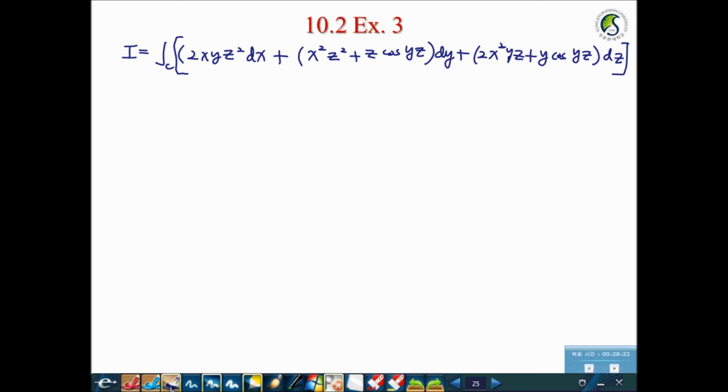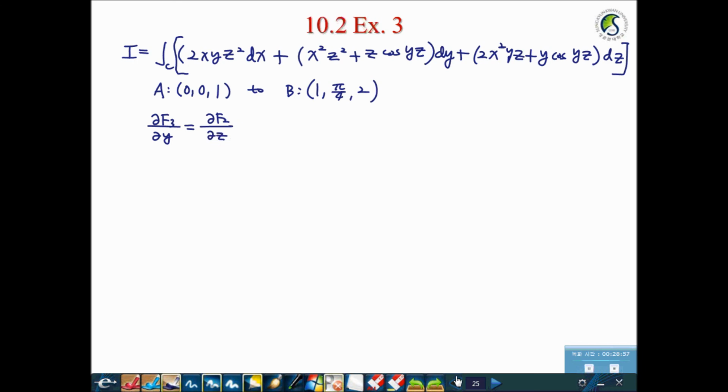Let's see. From A, which is (0, 0, 1), to B, which is (1, pi over 4, 2). Okay? So from the curl condition, dF3 over dy is dF2 over dz.